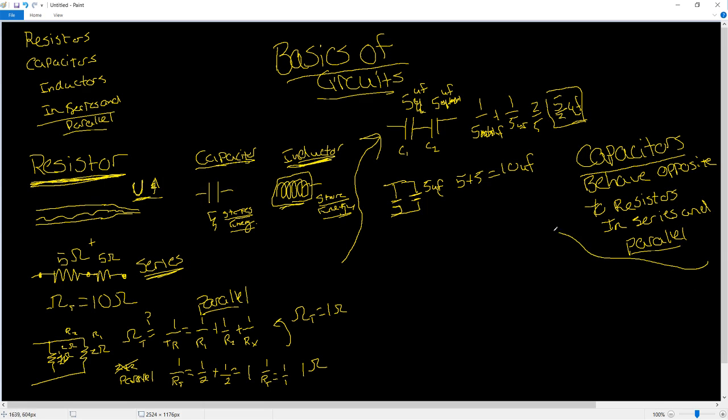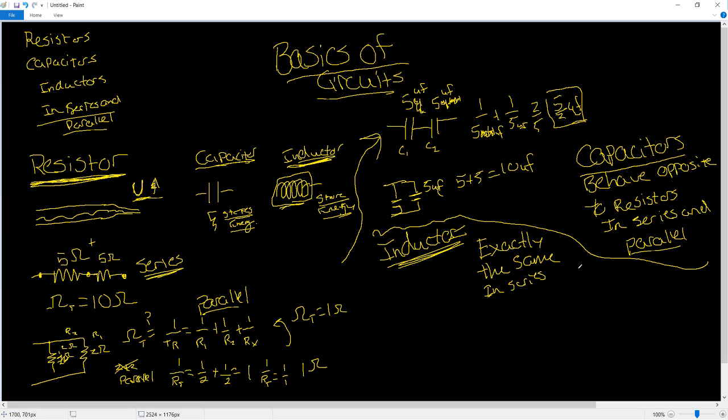Now we're finally going to move on to the last one, and here comes the big shocker of them all. Inductors are not special at all. They behave exactly the same as a resistor in series and parallel. So if you have two inductors, 5 millihenry and 10 millihenry, that's equal to 15 millihenry.